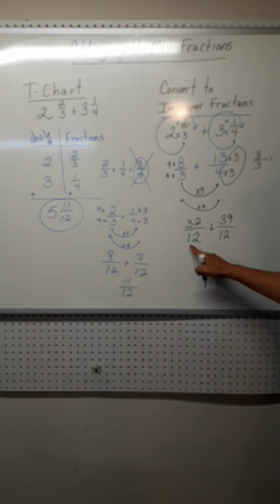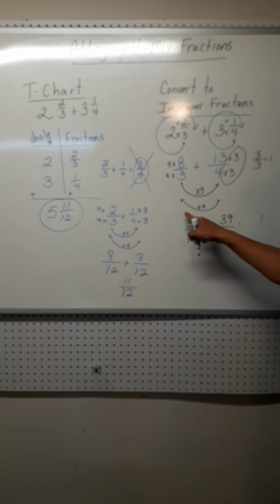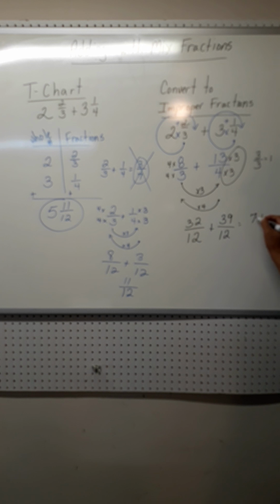It just looks different. That's all that is happening here. Now, because my denominators are the same, I can simply add, and when I add 32 plus 39, I get 1, regroup, the 2 plus the 9 is 11, regroup the 1, so 3 plus 3 plus that 1 is 7. So 71 over 12. And now, how many groups of 12?